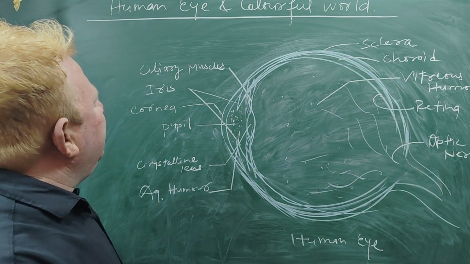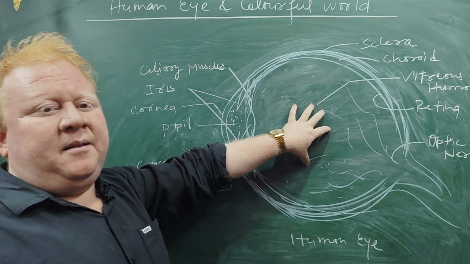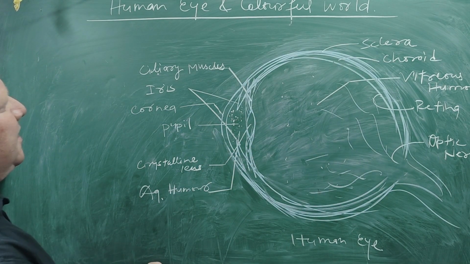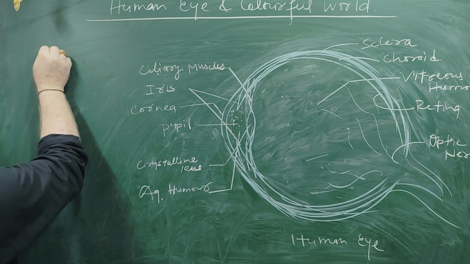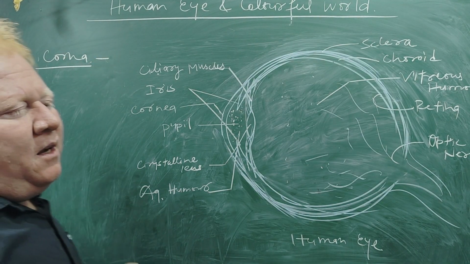Now let us understand the function of each and every part of this human eye. That is very important. So first of all let us discuss cornea. What is cornea?